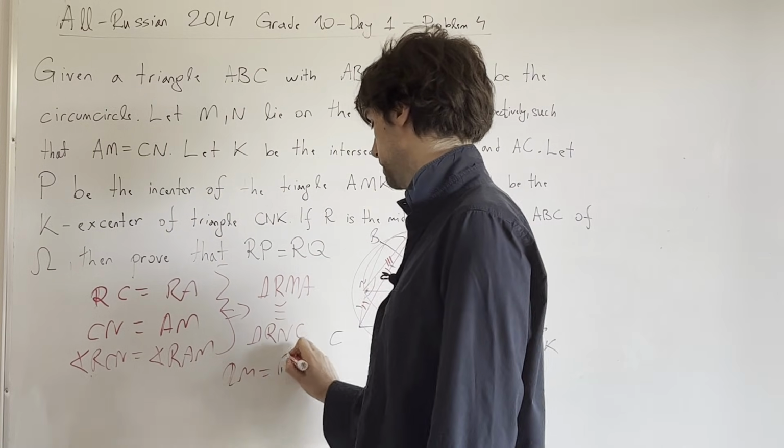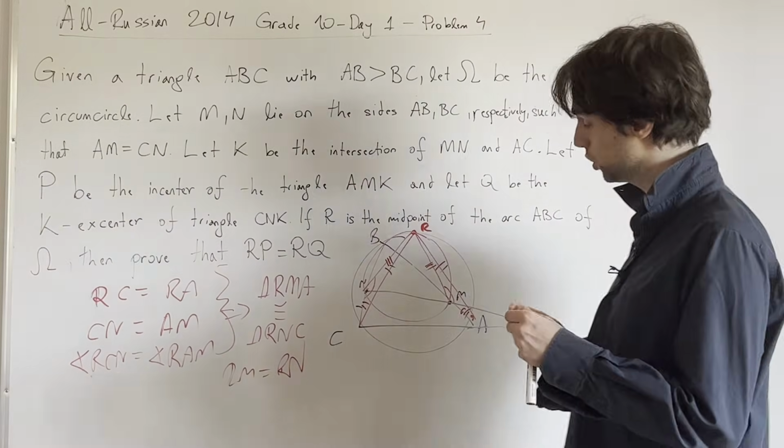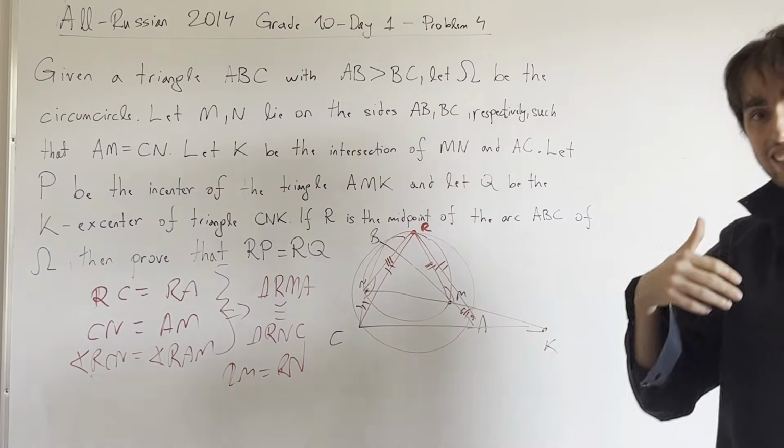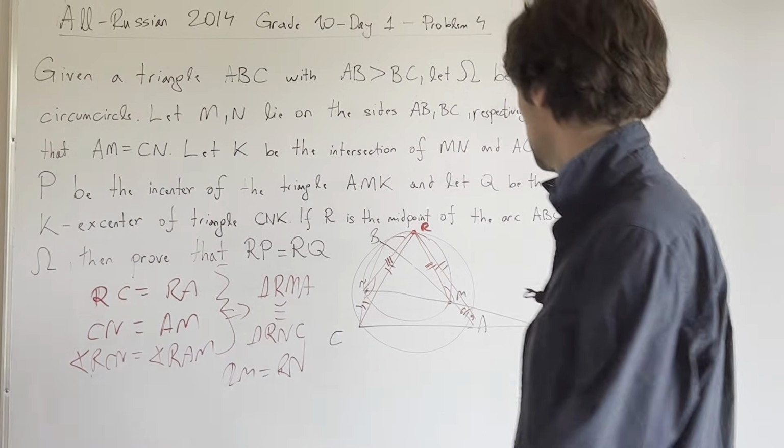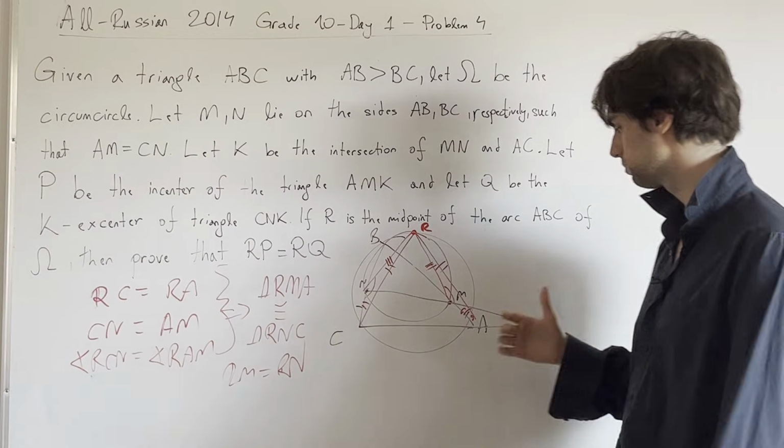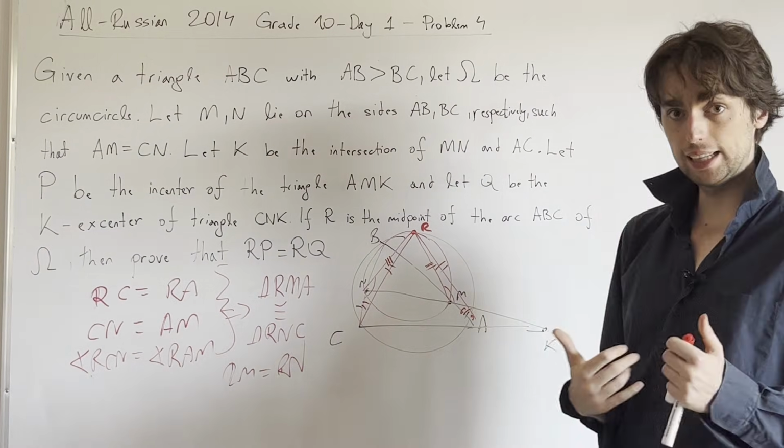Okay, now here, this is just our first go, our first diagram. Can we figure anything else out? Can we figure out anything else from M and N given this?